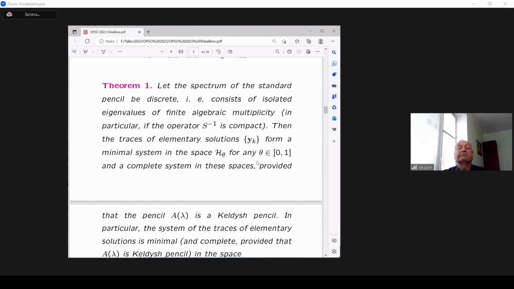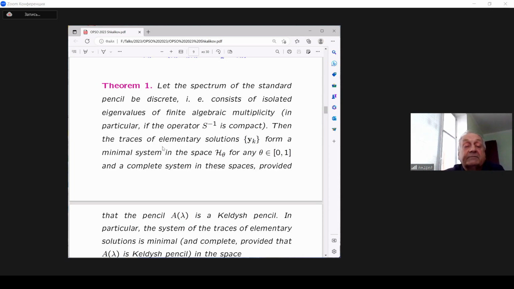First theorem: let the spectrum of the pencil be discrete. It consists of isolated eigenvalues of finite algebraic multiplicity. This is true in particular if the operator S^-1 is compact.